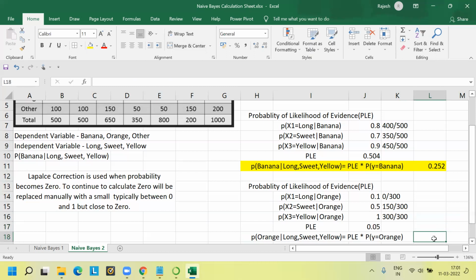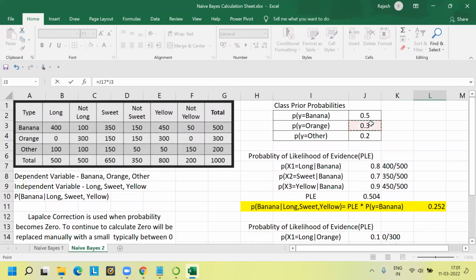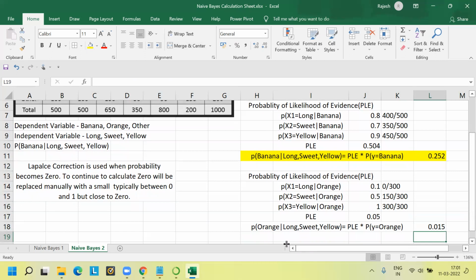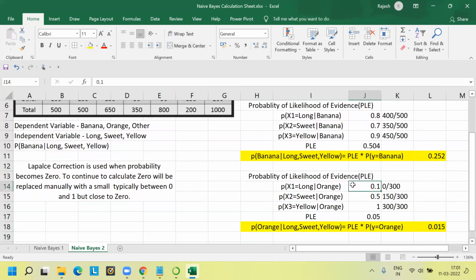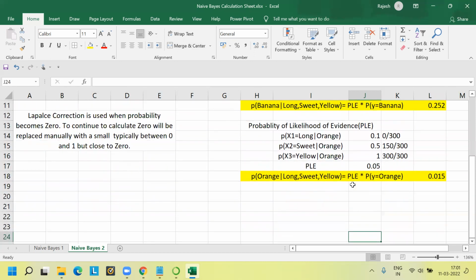Now, what is the final probability? 0.05 into the probability of orange. It is 0.015. Now calculate for the last one, which is other.